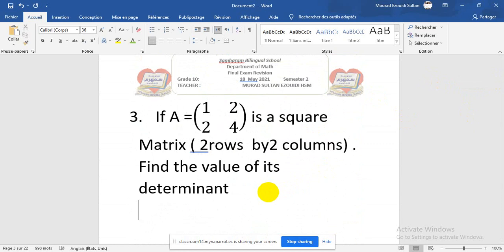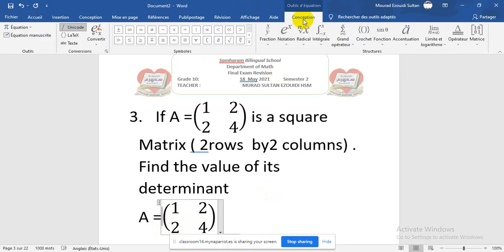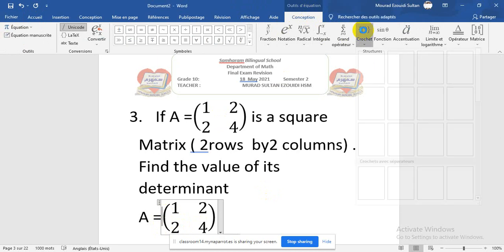The value of the determinant is, I'll just make it like that. Now I will use the symbol of the determinant.